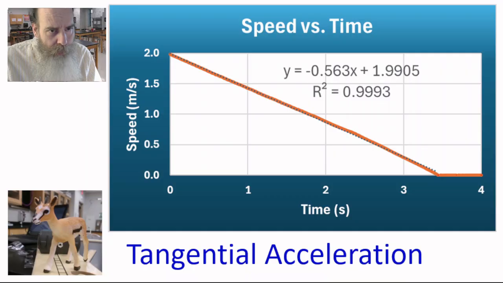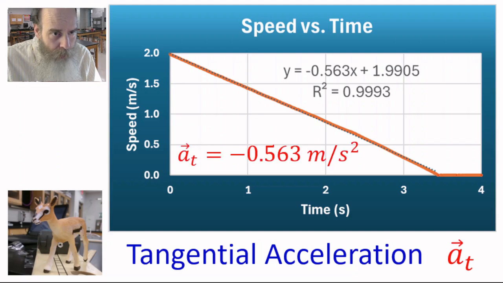This rate of change of speed is called the tangential acceleration, and the symbol is AT. And we can find it from the slope of our best fit line. So the tangential acceleration is negative 0.563 meters per second squared. Negative means that it is slowing down. It is directed opposite to the direction of the velocity.